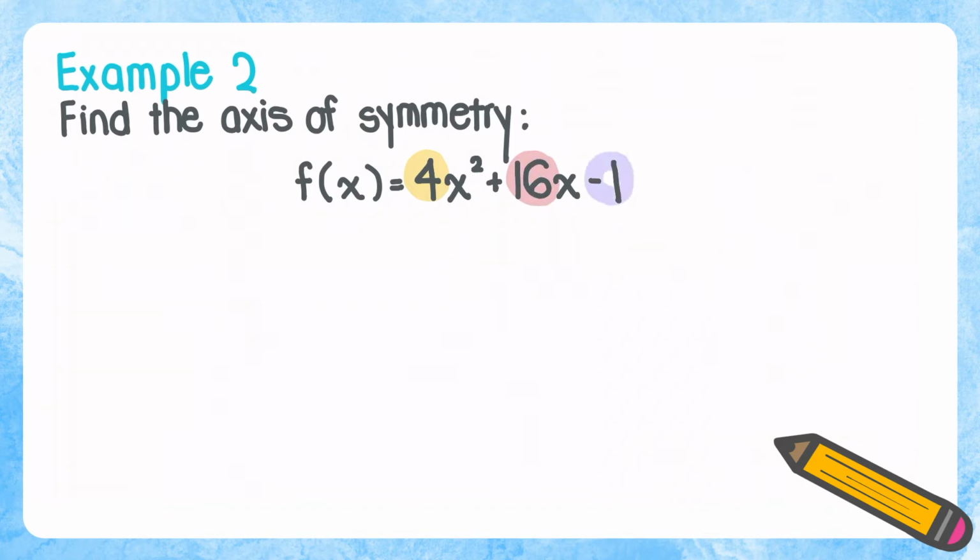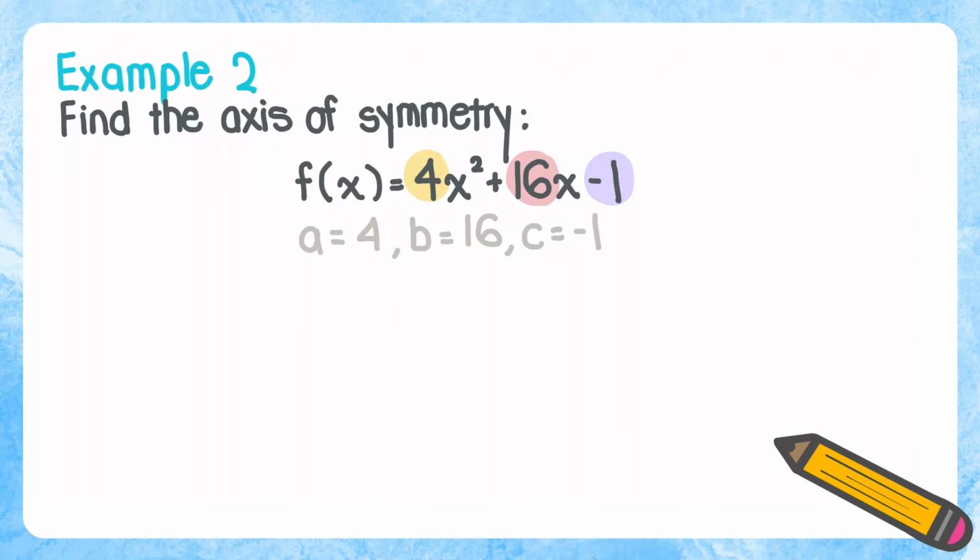Lastly, c equals negative 1. Again, a equals 4, b equals 16, and c equals negative 1.